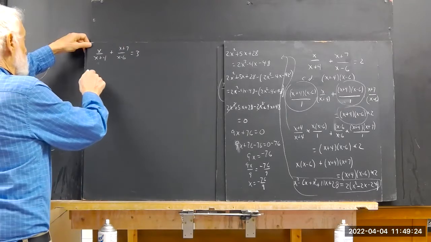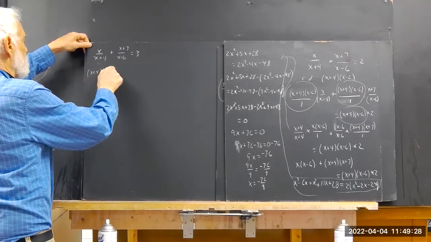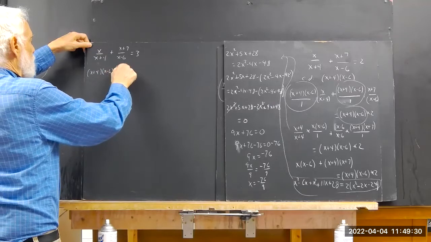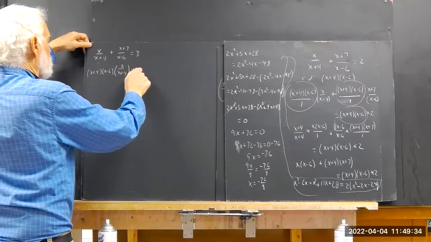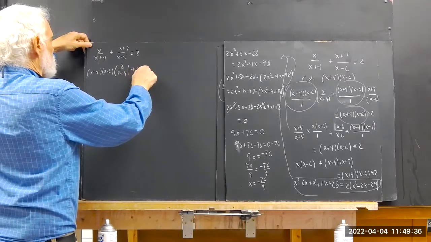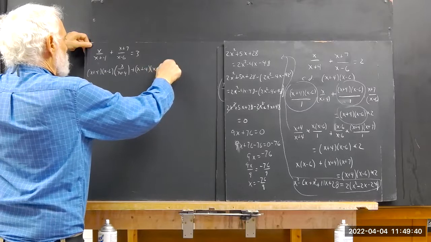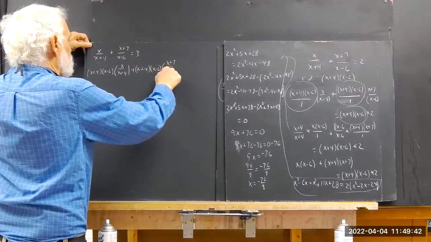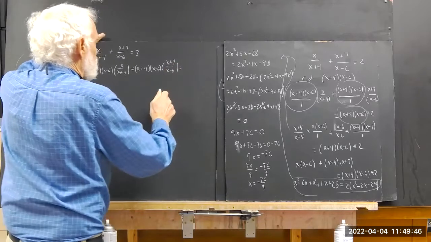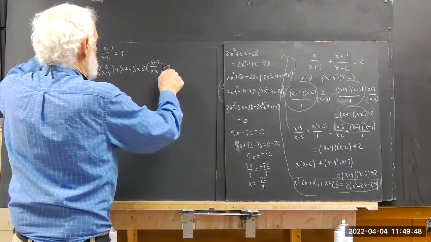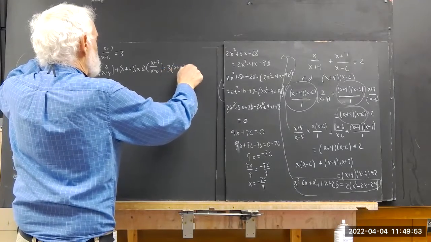Now you're going to go ahead and multiply by x plus 4 times x minus 6 times x over x plus 4, plus x plus 4 times x minus 6 times x plus 7 over x minus 6, equals 3 times x plus 4 times x minus 6.